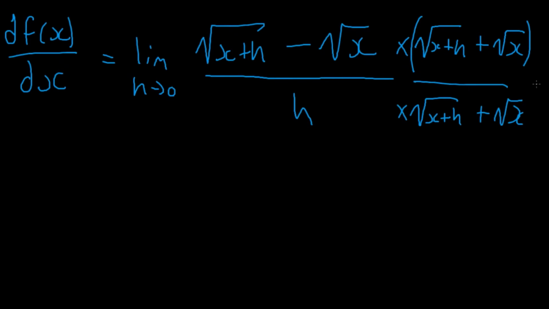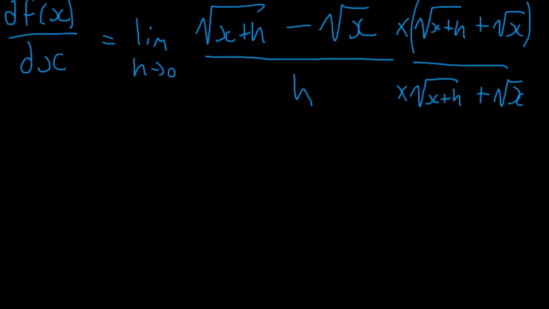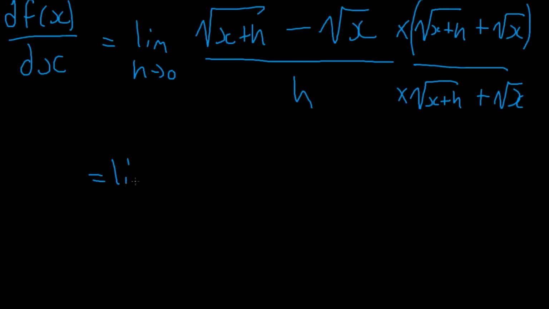Alright, so let's go ahead and do that. So it squares each term individually up top. So that's going to be x plus h squared, which brings us to x plus h. And then it's going to do this term squared, which is going to be x. Nice. This cancels out with that.